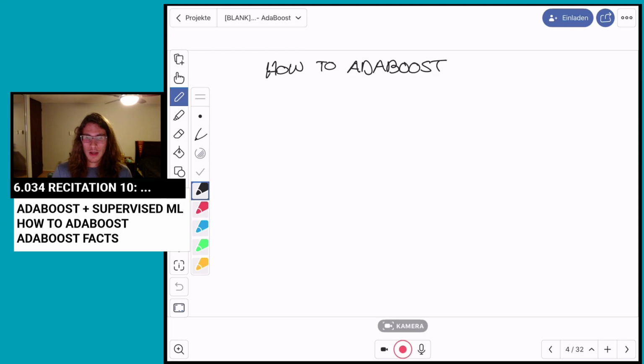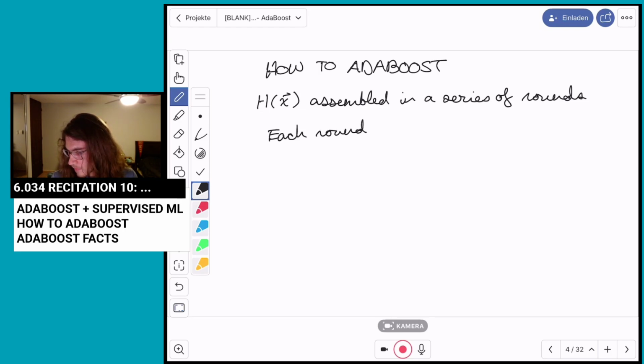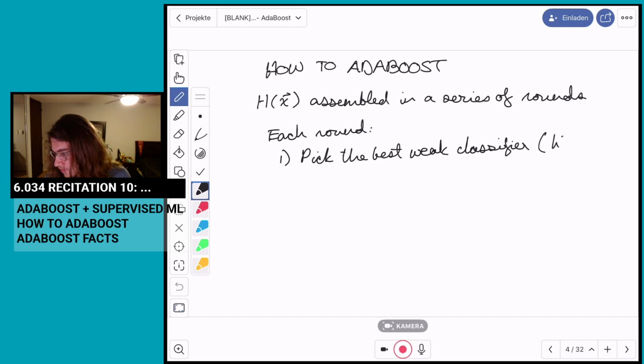Okay, so how does AdaBoost work? You're looking for a strong classifier h of x, and you assemble it in a series of rounds. For each round, roughly what you want to do is you pick the best weak classifier, and we're going to name that best weak classifier h star of x.